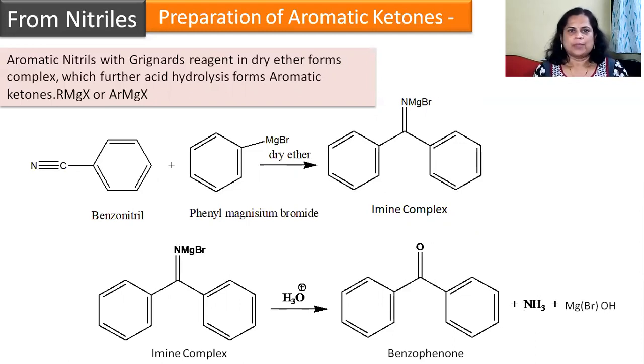Now see, from nitriles we prepare all these types of aldehydes and ketones. For this reaction, for the aromatic ketones, we require an equimolar mixture of benzonitrile and Grignard's reagent, so that we get benzophenone as a stable product. So here we completed the methods of preparing carbonyl compounds from nitriles.